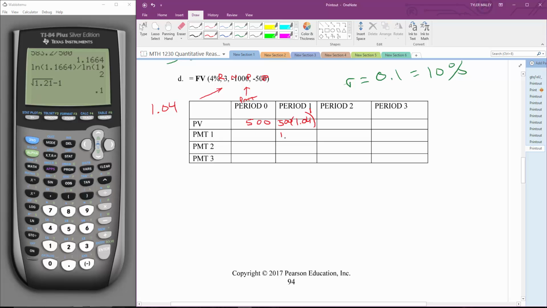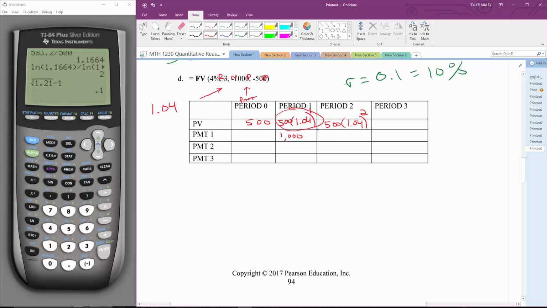So I'm going to put in a $1,000 payment at the end of period 1, but this will not gain interest this first month. So if we look at period 2, this present value is going to gain another bunch of interest. So we multiply by another 1.04, or in other words, increase my exponent by 1. So this would be 500 times 1.04 squared.